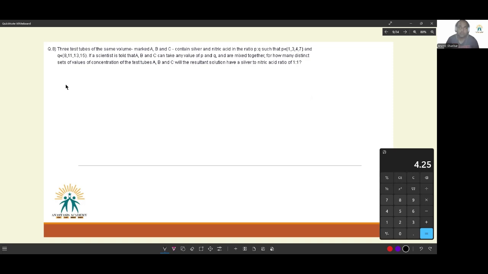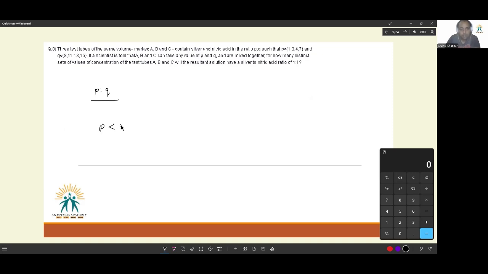Now, on the face of it, this is one of the more difficult questions, but this is one of the simplest questions if you are familiar with ratios. Because see, whatever value you take for P is to Q, can you see?